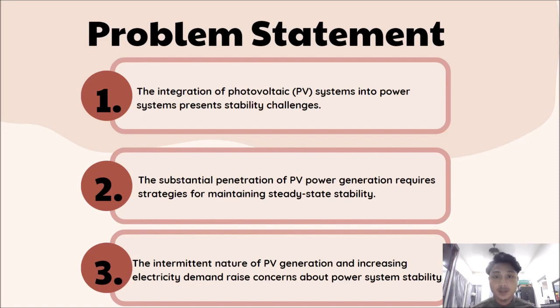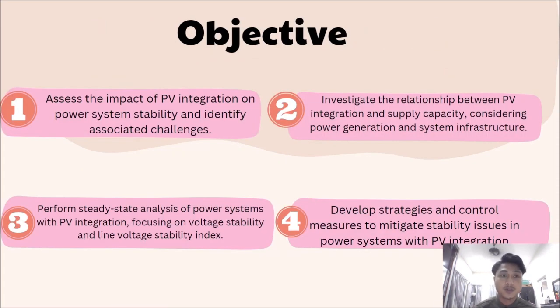For the objectives of the project, the first is to assess the impact of PV integration on power system stability and identify associated challenges. The second is to investigate the relationship between PV integration and supply capacity, considering power generation and system infrastructure.